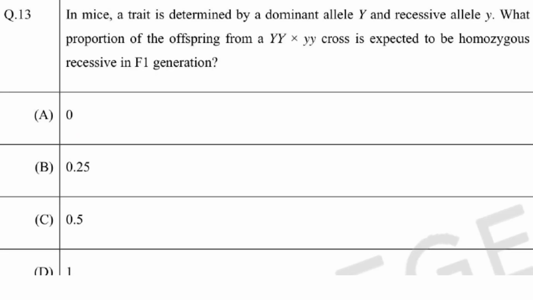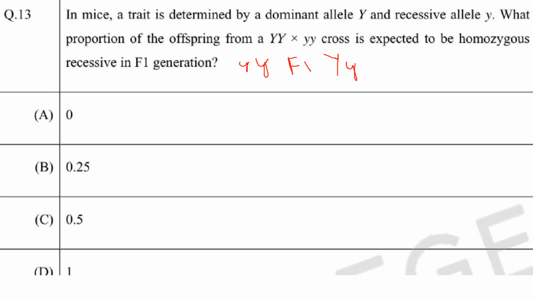Then next one. In mice, trait is determined by the dominant allele capital Y and the recessive allele small y. What proportion of the offsprings from a small y cross is expected to be homozygous recessive? Homozygous recessive means there should be small y, not capital Y. But here it is the F1 generation, and in the F1 generation you will get capital Y, small y.